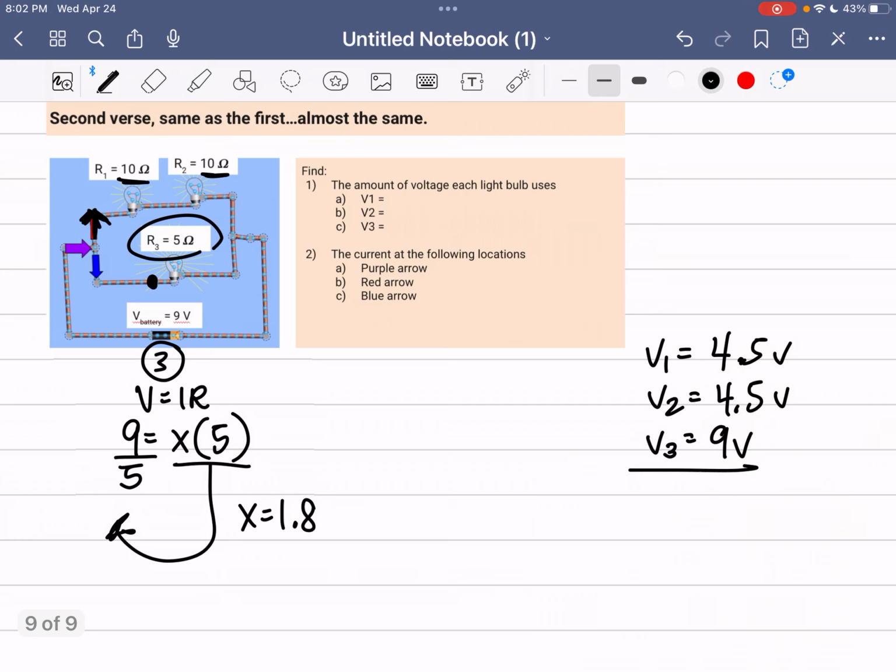So we can add these resistances together, or we could just do 1. So the resistances are the same, so the current is going to be the same as well. So 4.5 equals X times the resistance.